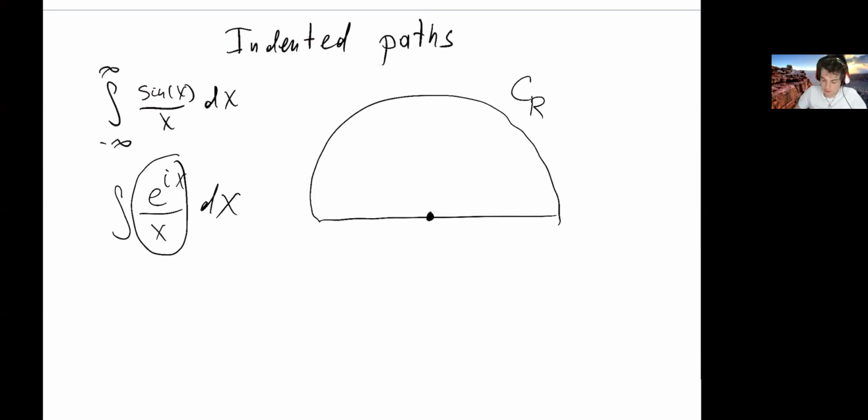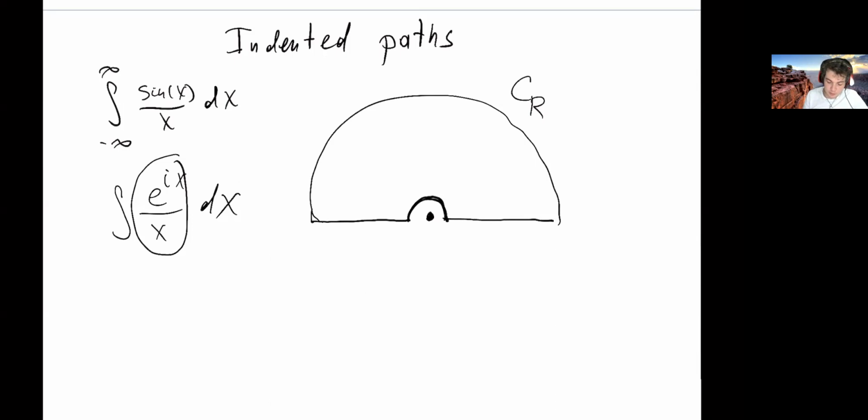We always assume the function is good around the contour. And to avoid this, we will modify the contour a little bit. We'll come close to this point, and then we will go around it like this.